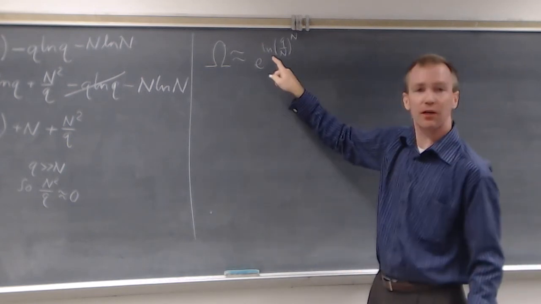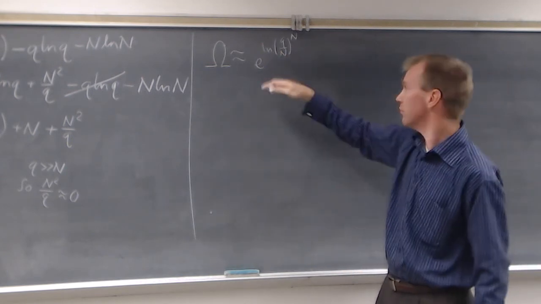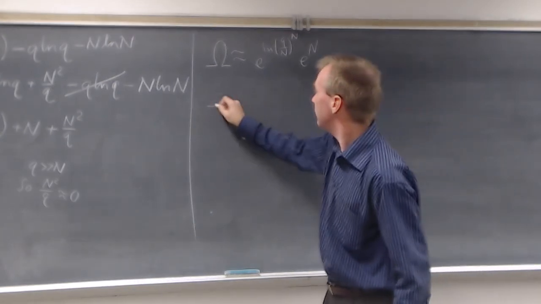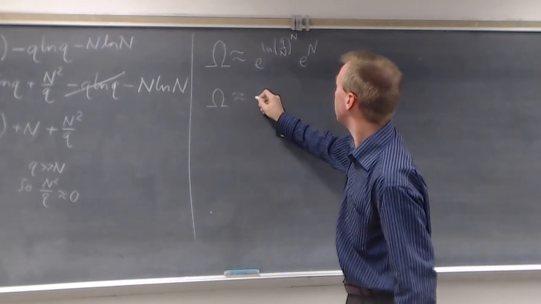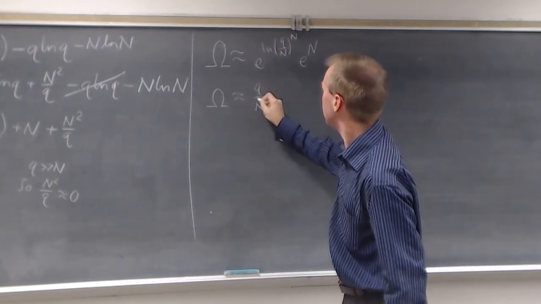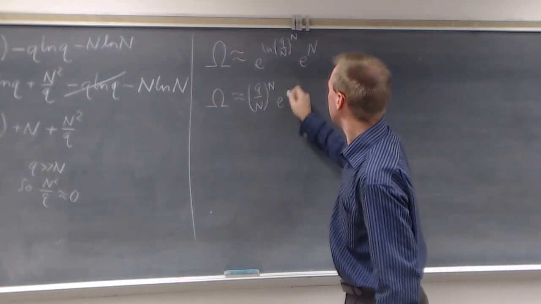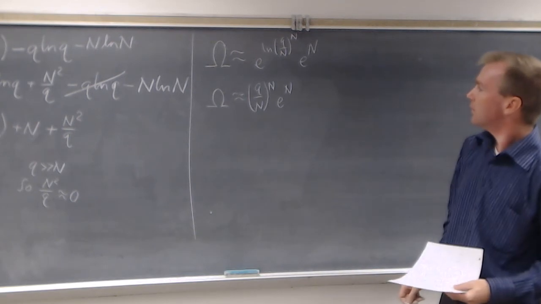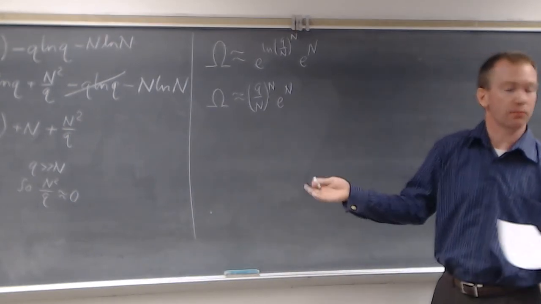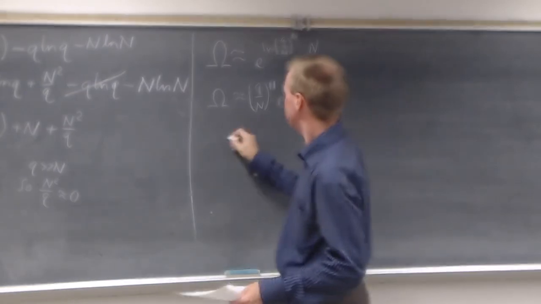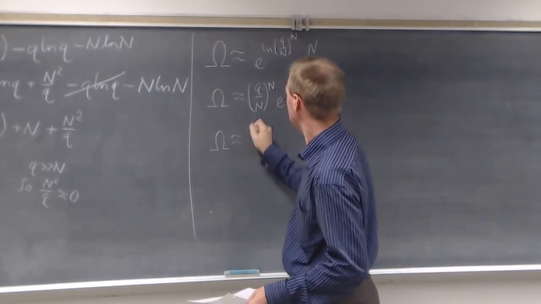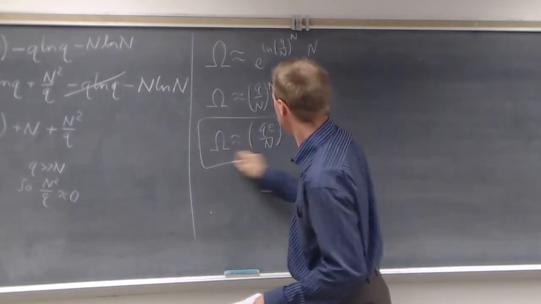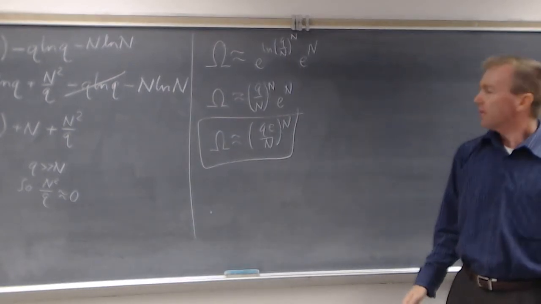And this is nice because now I've got the exponential of a natural logarithm, so those will go away, times e to the nth power. These are both raised to the nth power. I can bring the e inside the term here. There.